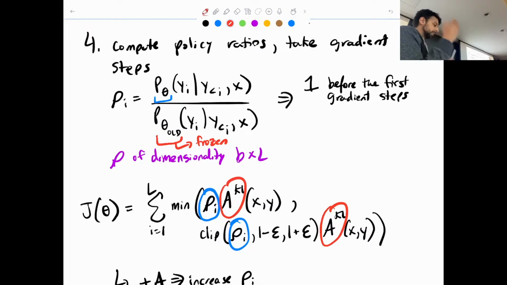The minimum of the clipped and unclipped thing is intended to only update the model to a certain point, but not go beyond it and ruin its performance on other prompts and other responses. So it's just taking a very careful approach to the optimization process.